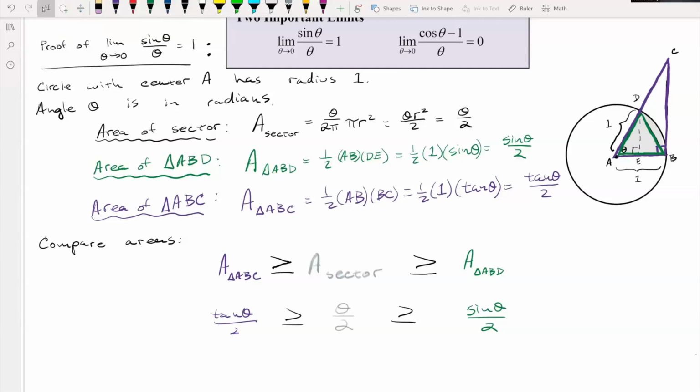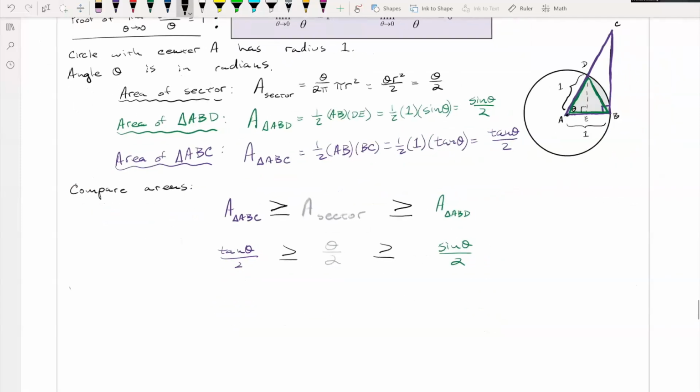And so what we're going to do is multiply all 3 sides by 2 over sine theta.